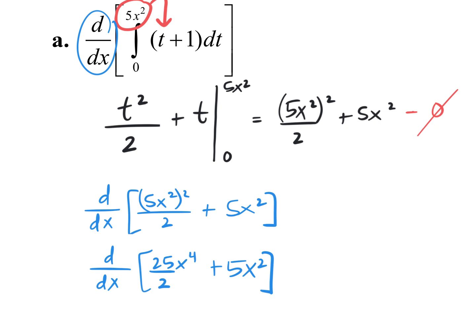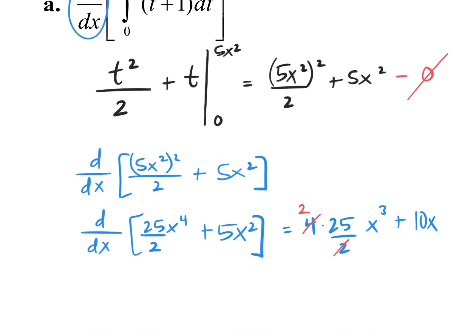And then the derivative of this piece would end up being 4 times 25 over 2 x to the 3rd plus, what's the derivative of 5x squared going to give me? 10x. Okay, so I can simplify this. That 4 and that 2 are going to cancel to just give me a 2 there. So this becomes 50x to the 3rd plus 10x.